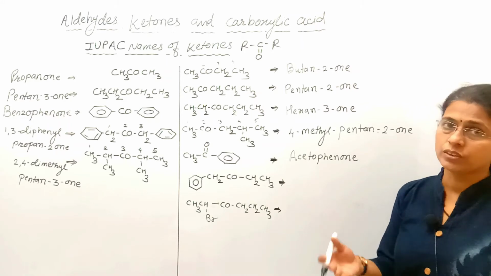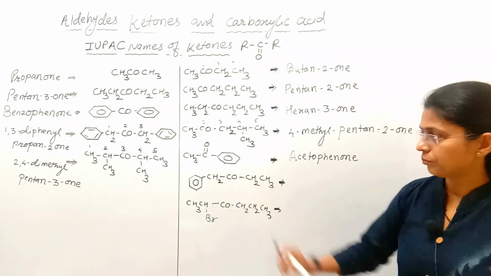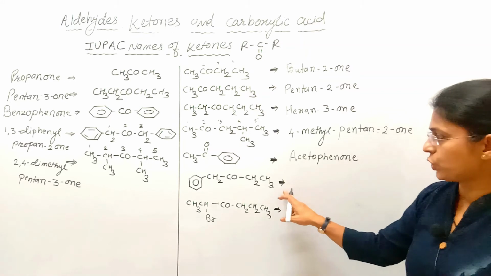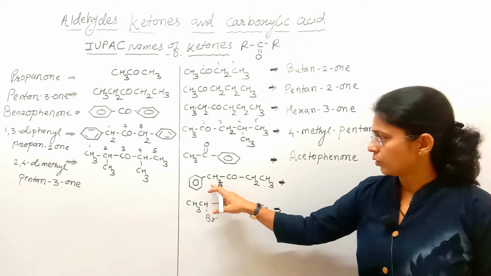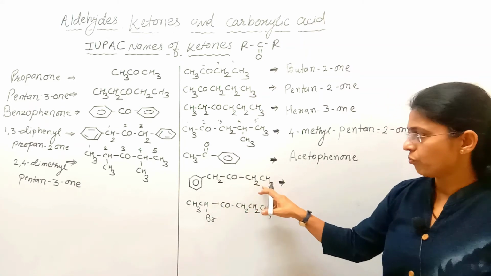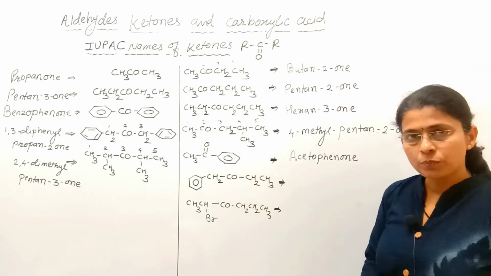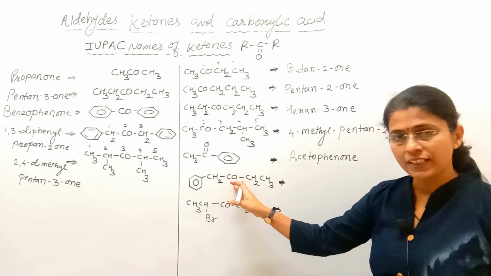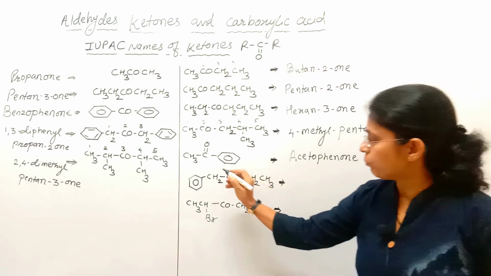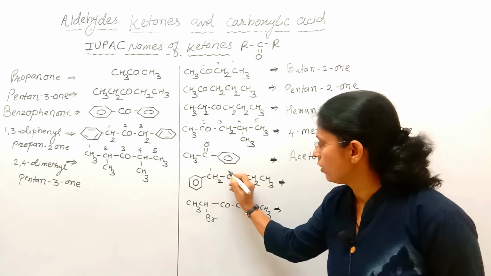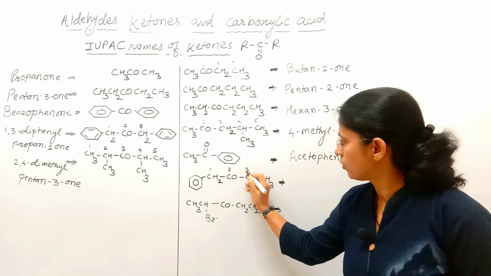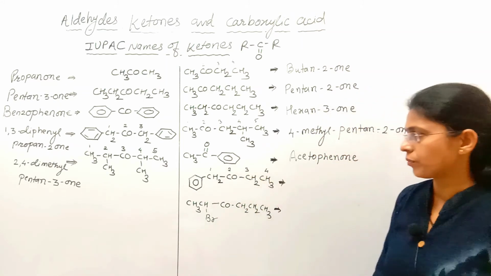The rule is slightly different. See here. Select a chain of carbon atoms. 1, 2, 3, 4 carbon. From this side CO is at third position. From this side CO is at second position. So I will number from this side: 1, 2, 3 and 4.